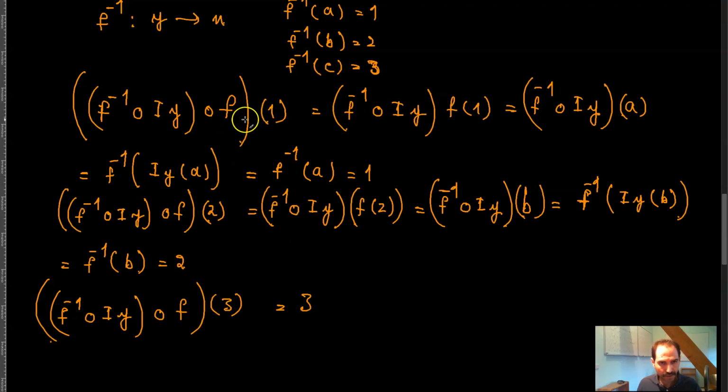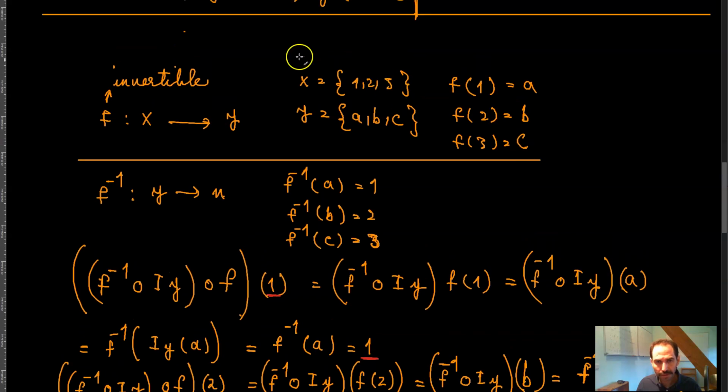So here we input a 1, we got back a 1. We input a 2, we got back a 2. We input a 3, we got back a 3. That means that f inverse composed with I of y whole composed with f seems to be the identity function on the set that contains these elements 1, 2, and 3.